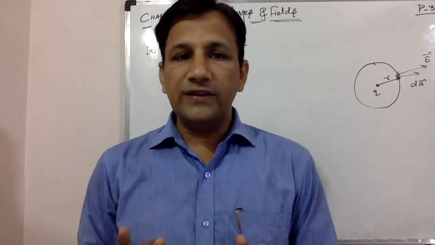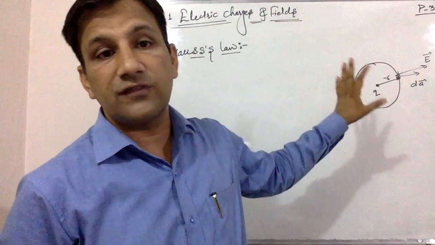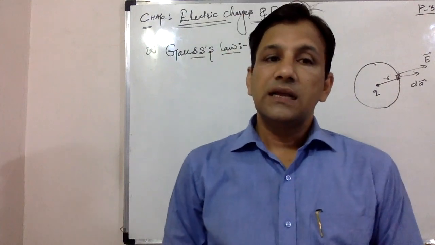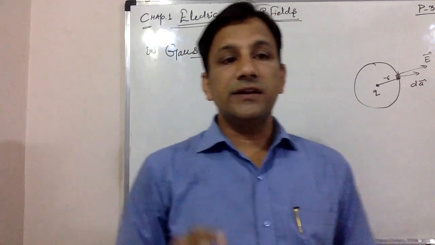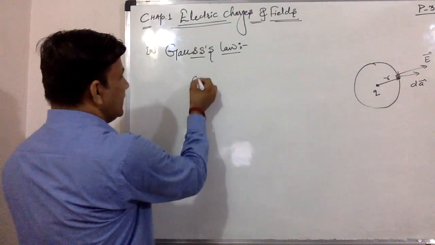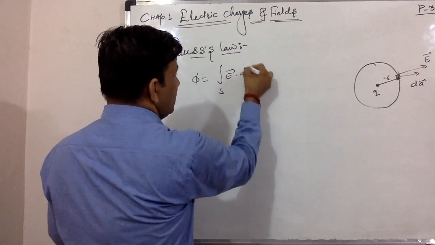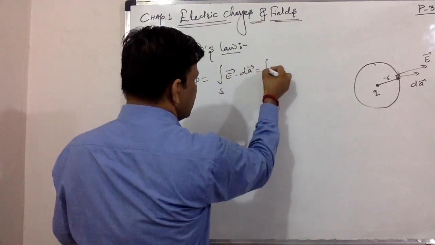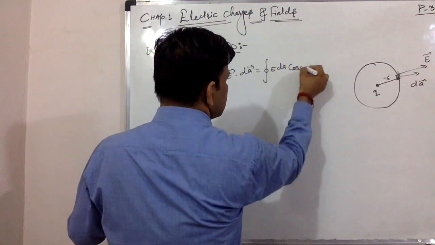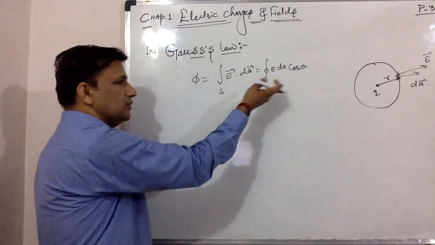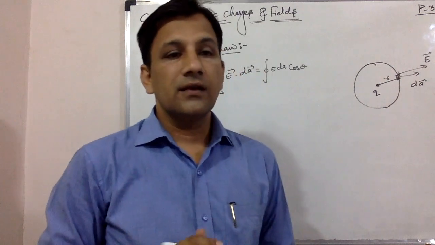Now we will determine the total flux linked with the given surface of the sphere. According to the definition of the flux, total flux linked with the surface, phi is equal to closed integration E dot dA vector, that is E dA cos theta. Closed integration means over the given closed surface.